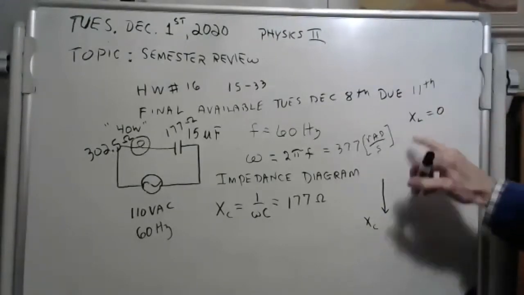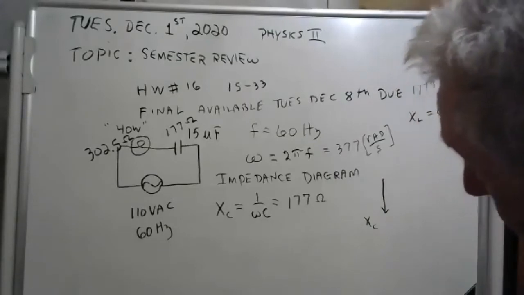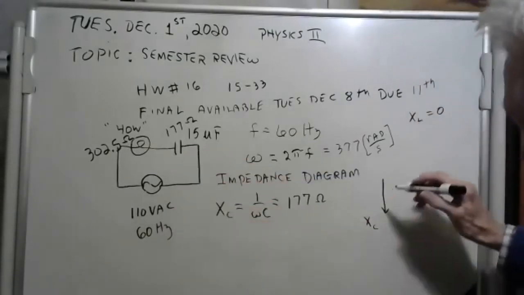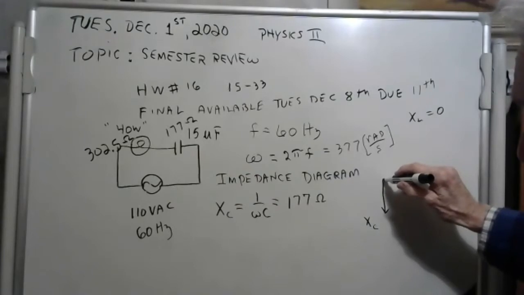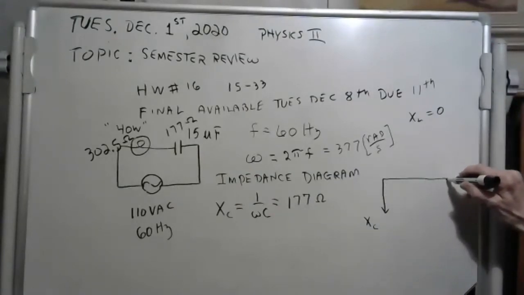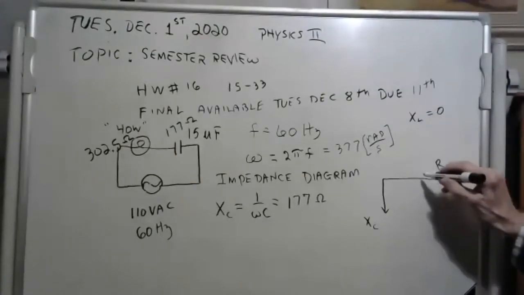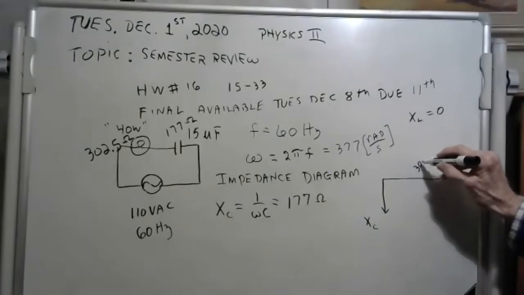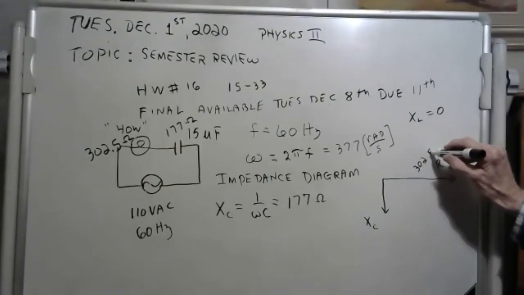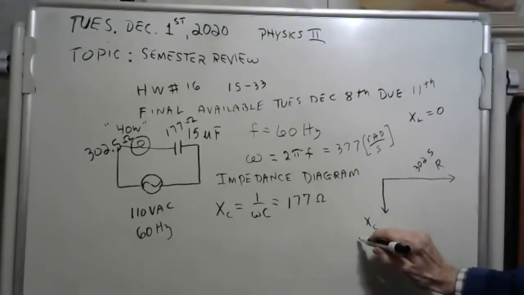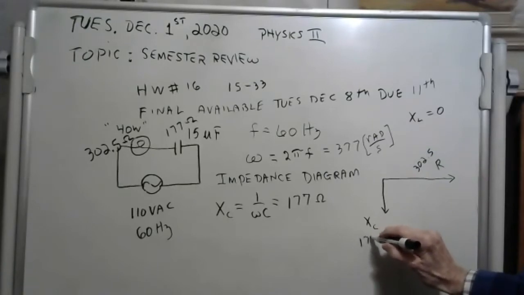There is no inductive reactance because there's no inductor. But you do have a 302.5. That's pretty long. It's way the heck out here. That's your resistance. It's 302.5. And this is 177.